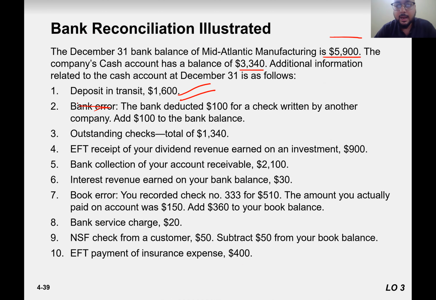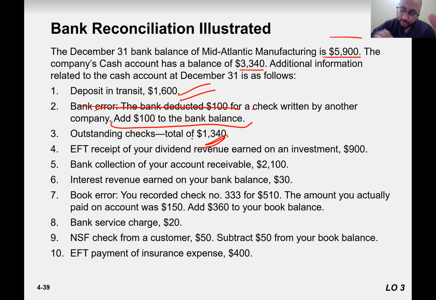The banking error was that the bank deducted $100 for a check written by another company. So how are you going to rectify this one? The bank balance should be added back by 100, because it was their mistake. They wrongly deducted the 100, so you add it back.